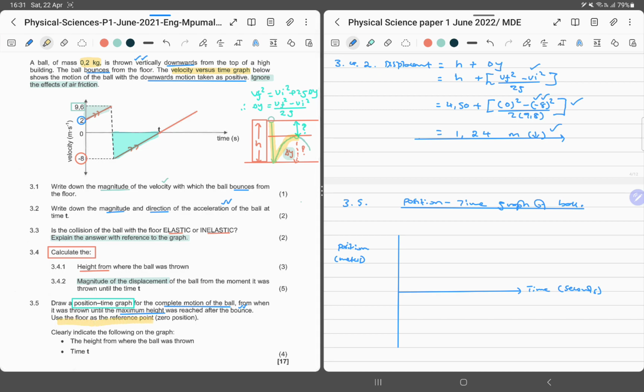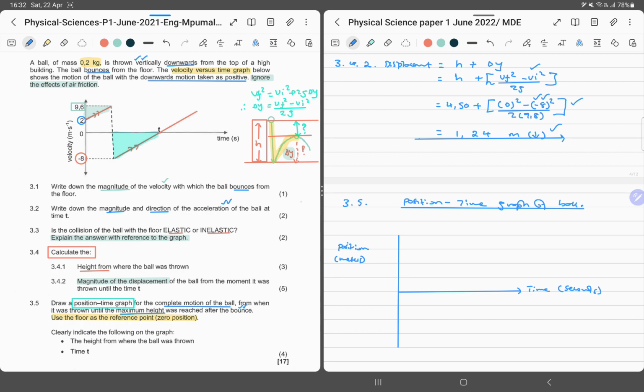All right, and then what are they telling us? Use the floor as the 0 position. So if the floor is the 0 position, what does that mean? It means exactly what it means. All right, so we displaced our graph positively.